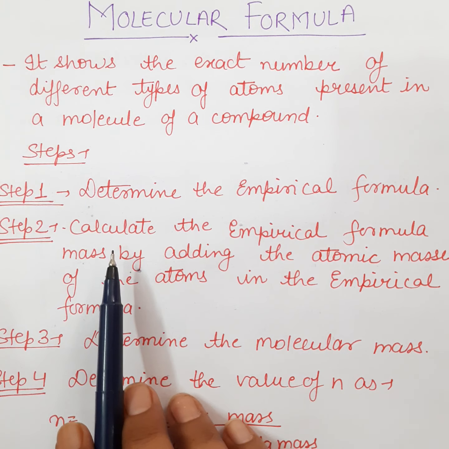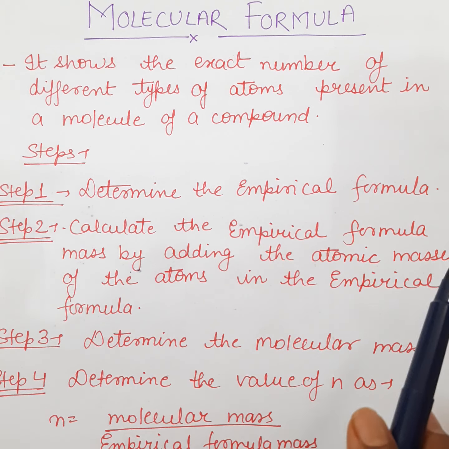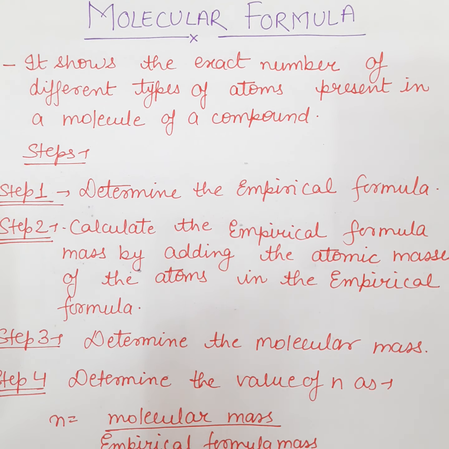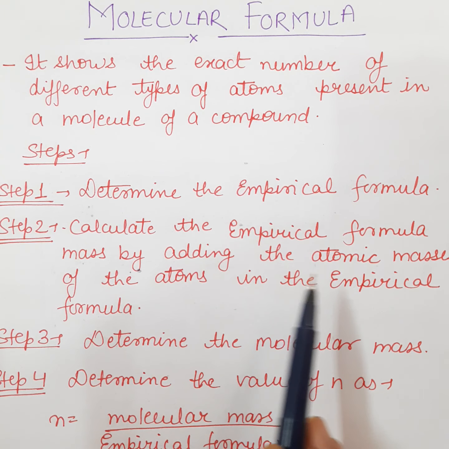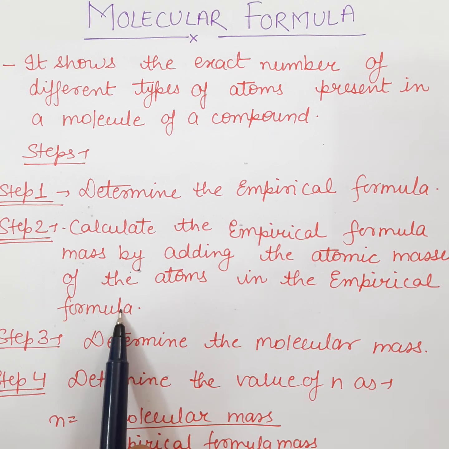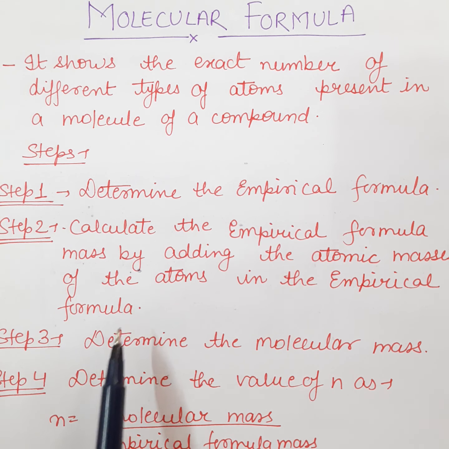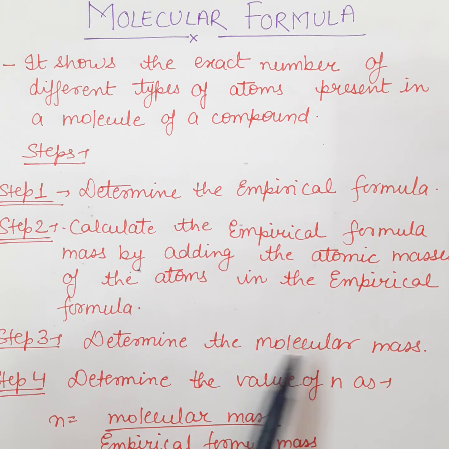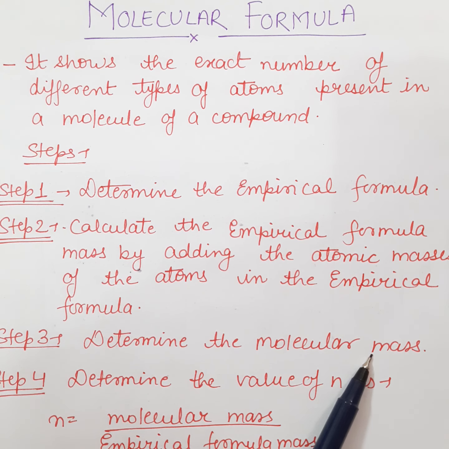Next, calculate the empirical formula mass. You have to calculate the empirical formula mass by adding the atomic masses of the atoms in the empirical formula. Step number 3, determine the molecular mass.